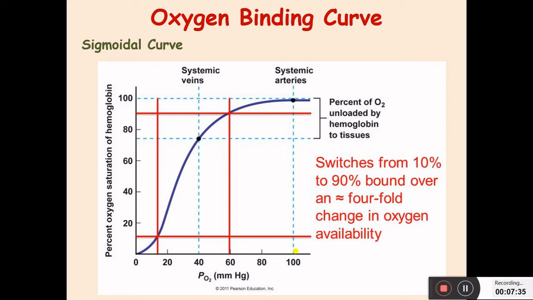So there should be a balance that when the pressure of oxygen is low, it will release oxygen, and when it is high, it will bind oxygen and thus transport oxygen. So for achieving this, hemoglobin binds in sigmoidal fashion.